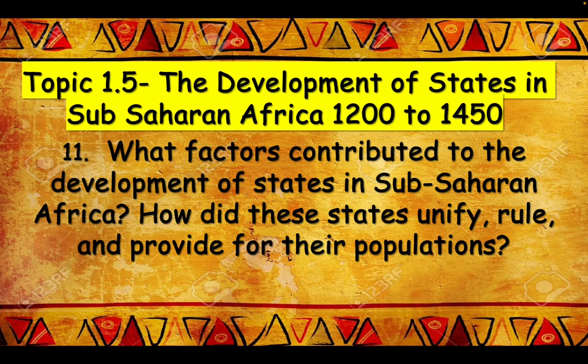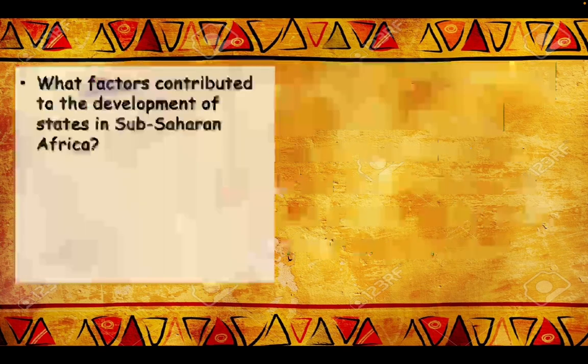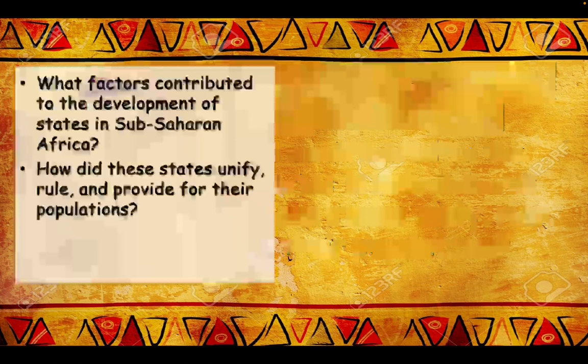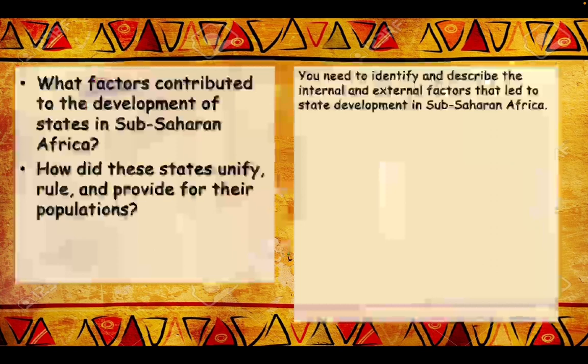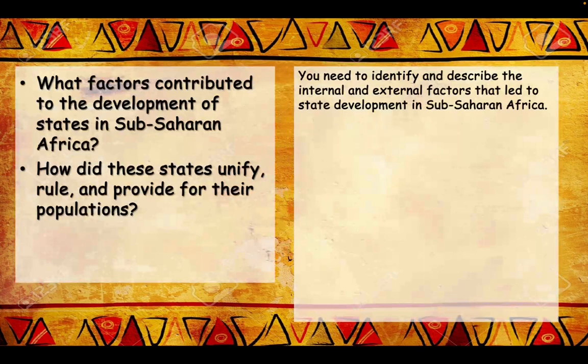What you need to walk out the door with is, number one, what factors contributed to the development of states in sub-Saharan Africa? Then the next video is going to talk about how they unified, ruled, and provided. Ultimately, to show that you understand this topic, you're going to need to identify both the internal and external factors that led to state development in sub-Saharan Africa.